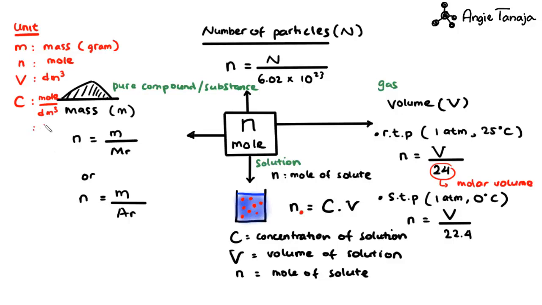Sometimes you also can call it molar. Or normally you just write it like this, mole over decimeter cube. It's equal to molar. It's showing you the molarity. So this is all the formula.